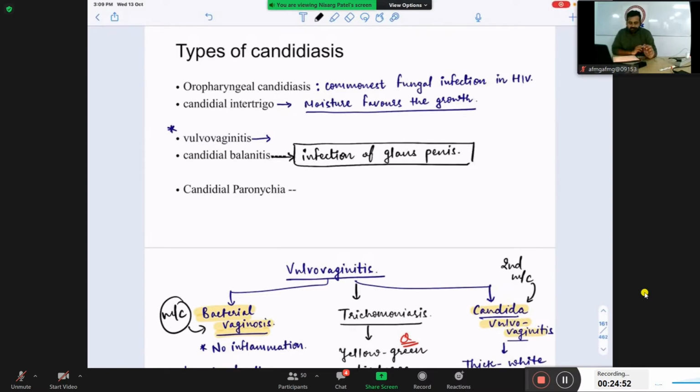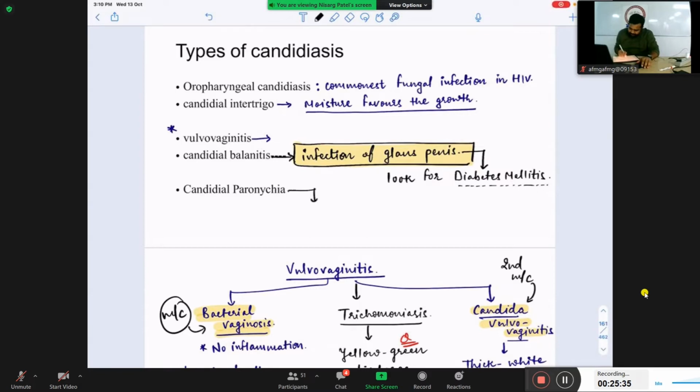The next step should be to look for underlying diabetes mellitus, because this person might be undiagnosed and constantly hyperglycemic, which can lead to candidal balanitis.